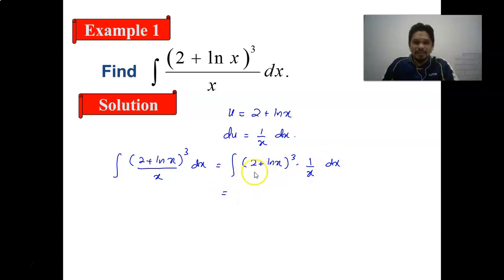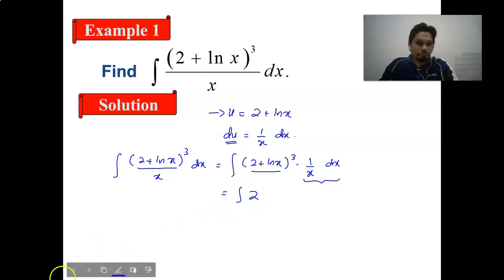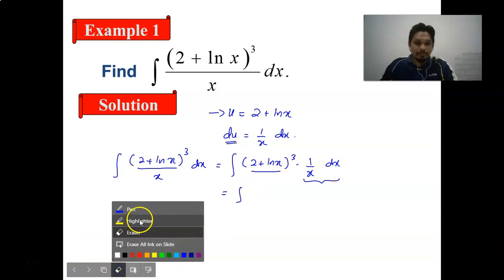As you can see now, this is u, where u equals 2 plus ln x. And what about this one here? 1 over x dx is our du.